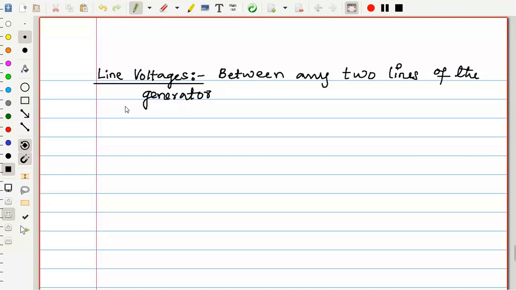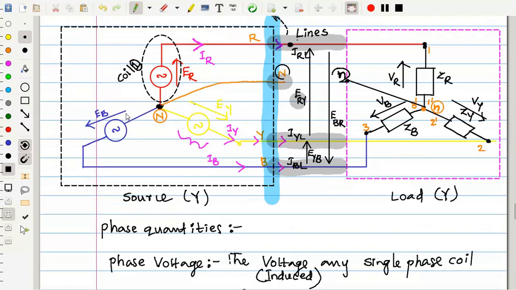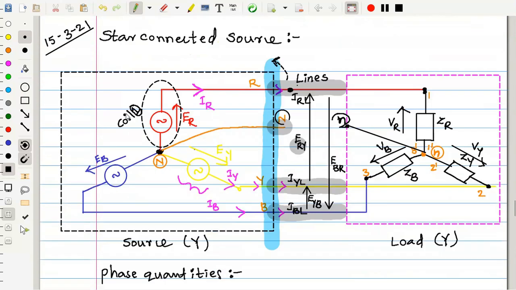We are talking in the perspective of a three-phase generator. In a three-phase generator, how many lines are there? Lines are nothing but the corresponding number of single-phase generators. How many single-phase generators are there here? Three. So each one is connected to one line. Line 1 corresponds to the R phase coil, line 2 to the Y phase coil, line 3 to the B phase coil. There will be a neutral line, but that will not always exist. That may or may not exist, which we see later on.